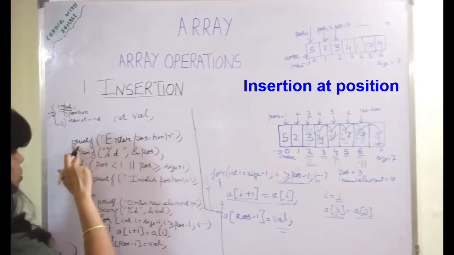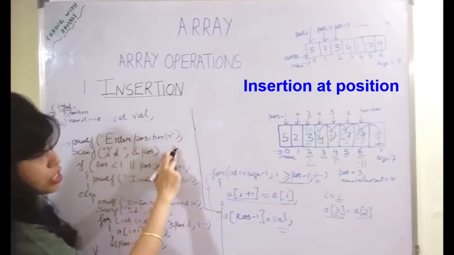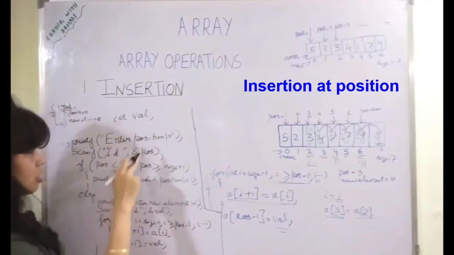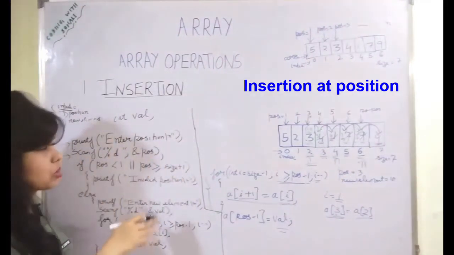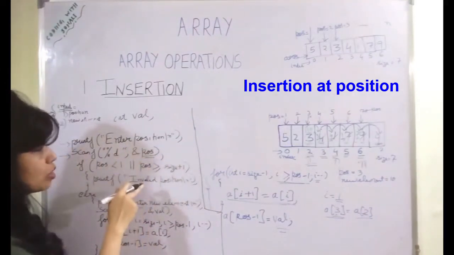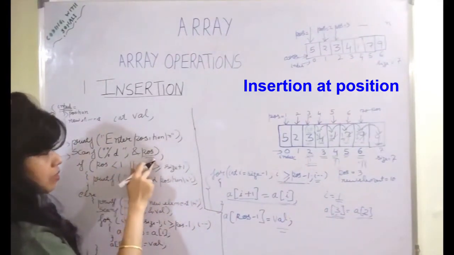Now in the next statement in the main function, we will call the printf function displaying the message: enter the position. So the user will understand that they are supposed to enter the position. Then we will call scanf to accept the input from the user for the position. We are taking this pos, to store the value which the user enters, and the address of this variable.